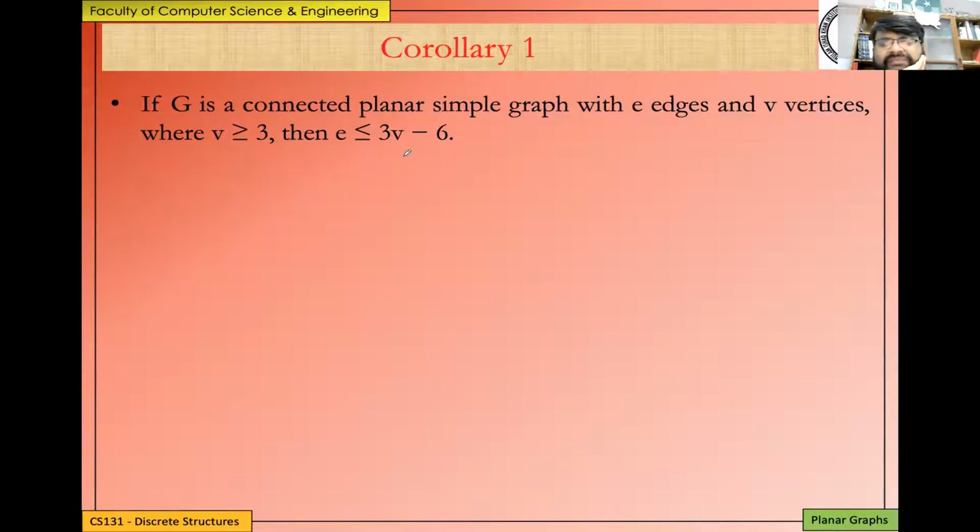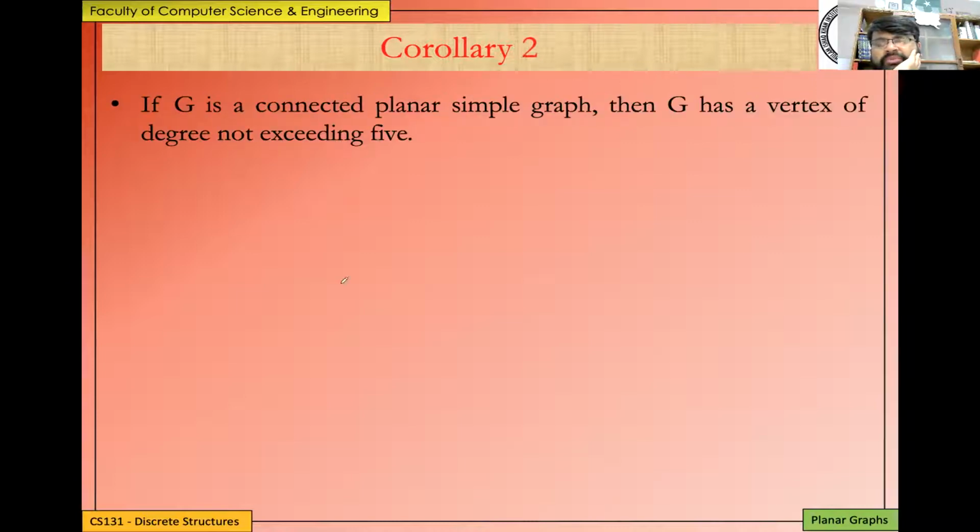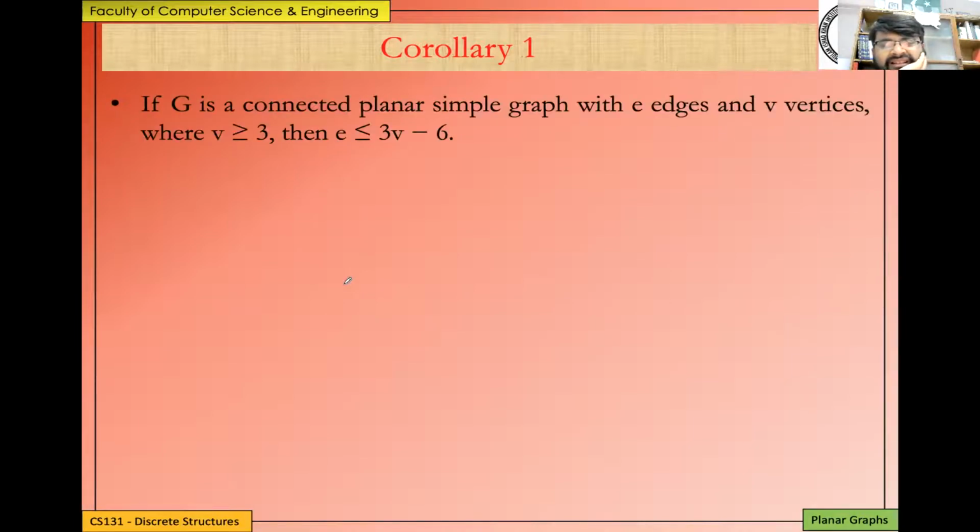Whenever the number of vertices increases, the edges cannot be more than 3 times the number of vertices minus 6. It's just a corollary. I don't need to prove it for now. We can keep it in mind and apply it. This is true for each connected planar simple graph, right?